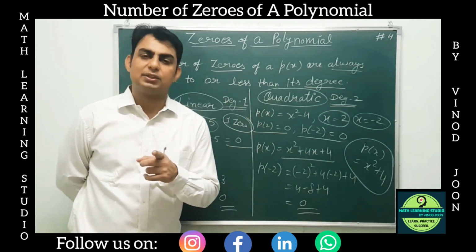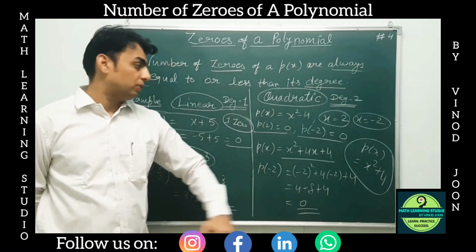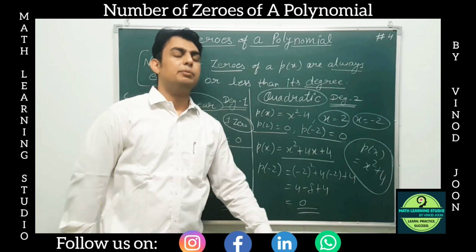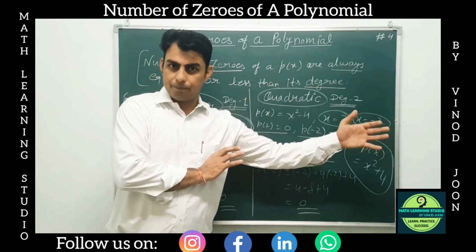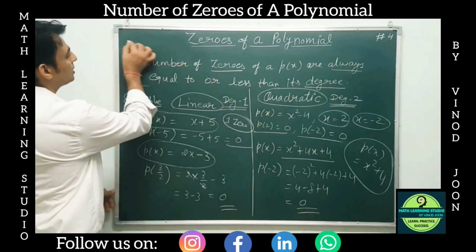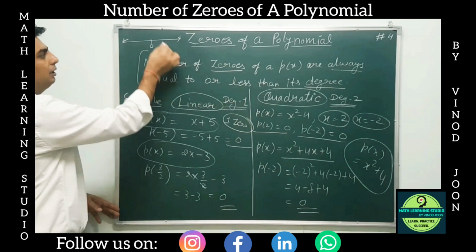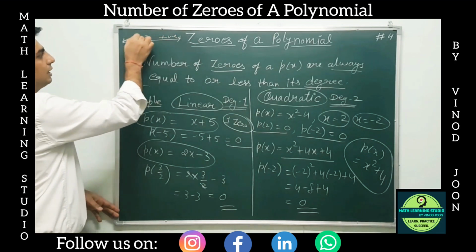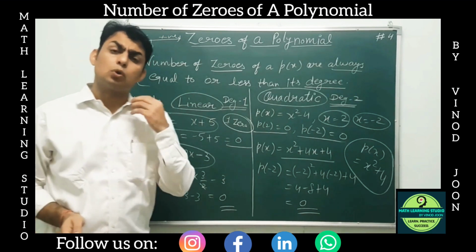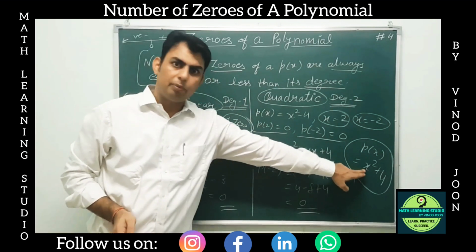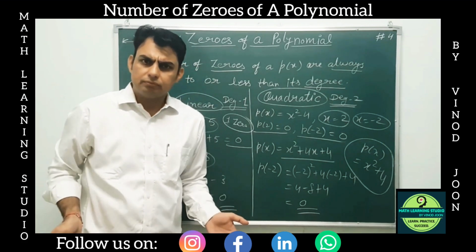But this is only in the real numbers. Real numbers means from minus infinity to plus infinity, which exist on the number line. We know a number line has 0 in the middle, this side positive values, this side all negative values. Out of these values, if we put any value of x here, it will never become 0.